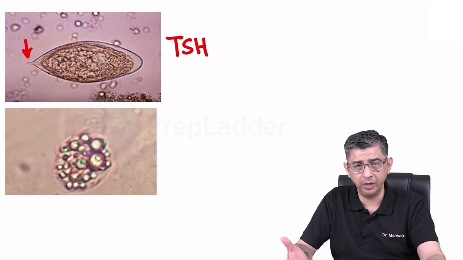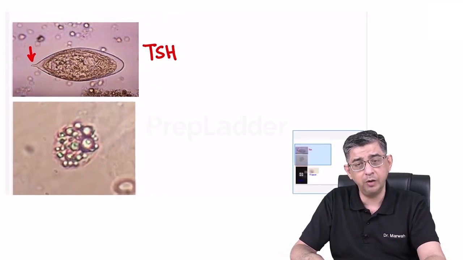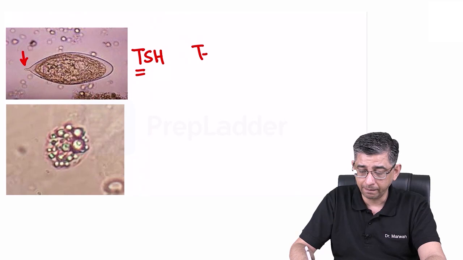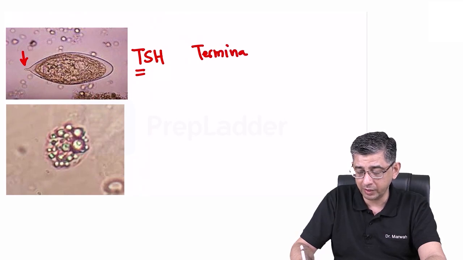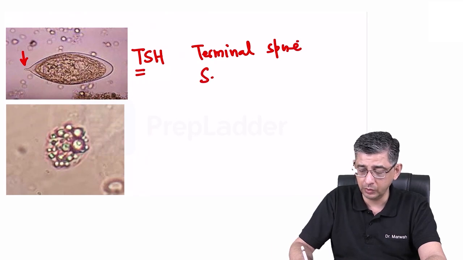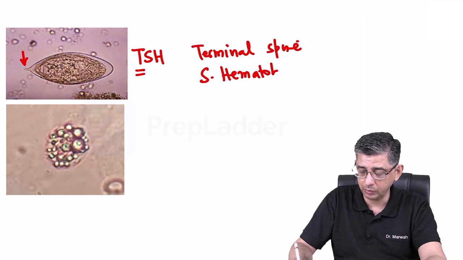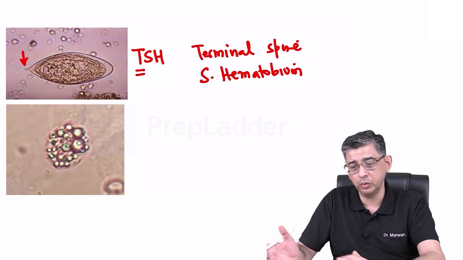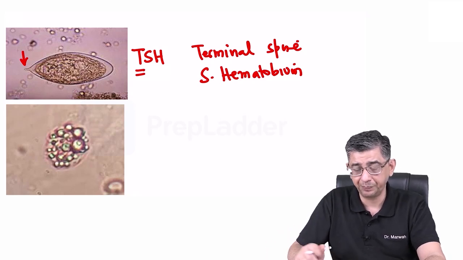Otherwise, whatever the microbiologist has told you is more than sufficient. A mnemonic by the name of TSH, that terminal spine is what you encounter with respect to Schistosoma haematobium. There are a couple of other varieties also for these parasites. So for other varieties like Japonicum, I would request you to refer to the microbiology section.